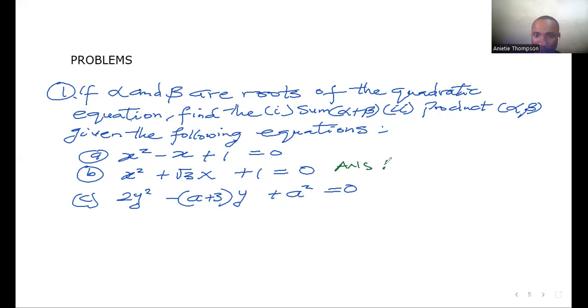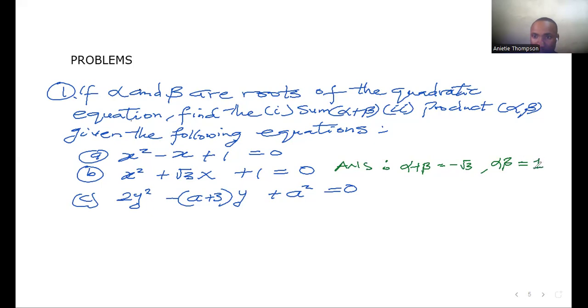What you have for this one is that the sum of the roots, alpha plus beta, if you solve it properly, should give you, I think that's the second one, minus square root of 3, and alpha beta, the product, should give you 1.